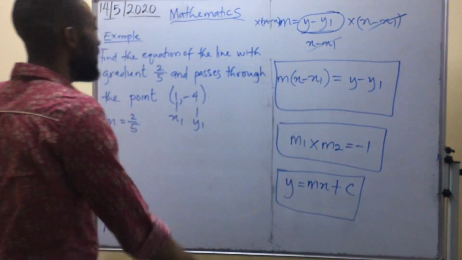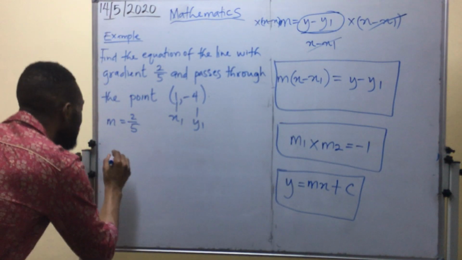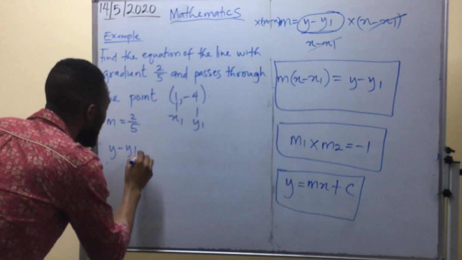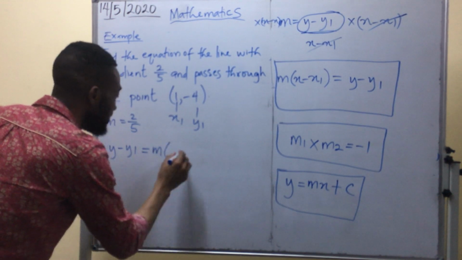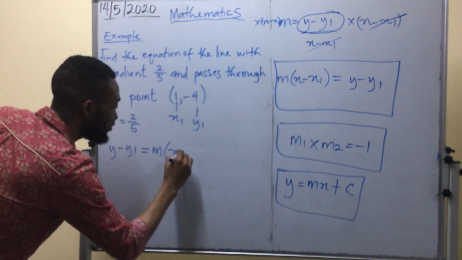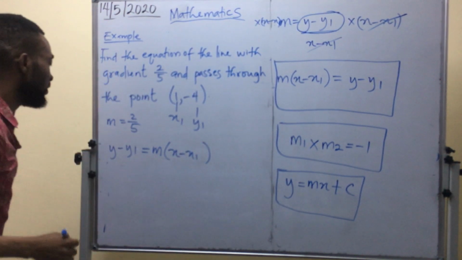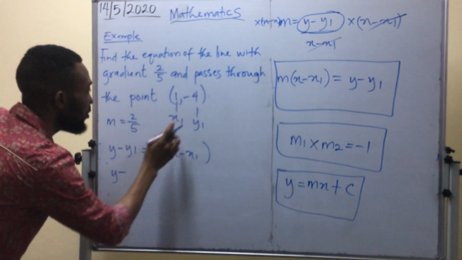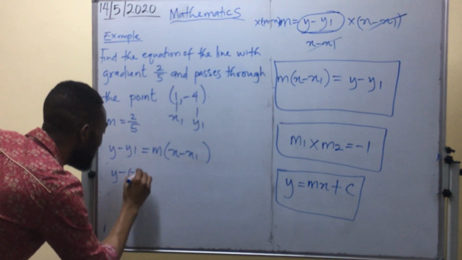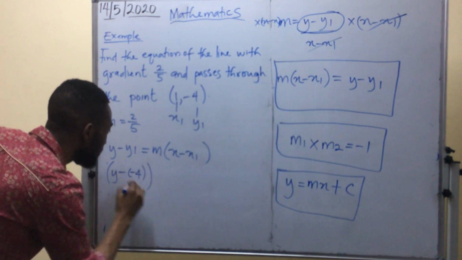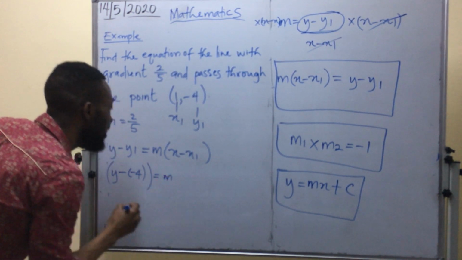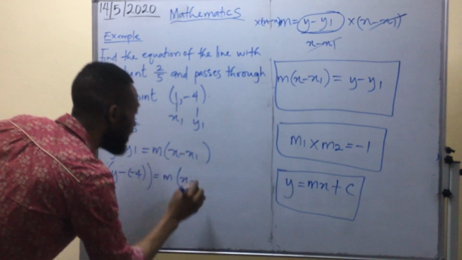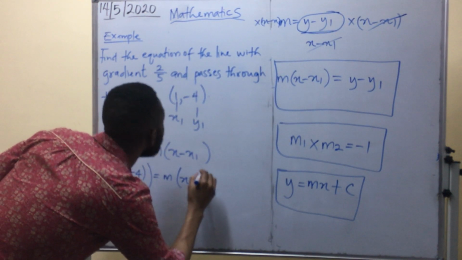This is a very suitable formula to use, which is y minus y1 is equal to m into brackets x minus x1. So y minus our y1 is -4, m into bracket x minus our x1 is 1.